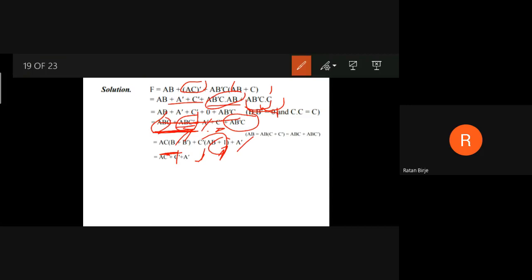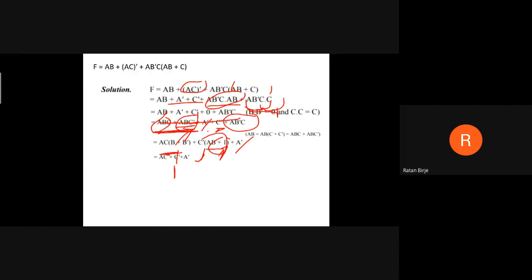If you recall the property, any variable ORed with 1 is 1. So this term goes to C bar and A bar is retained as it is. Then when you further simplify, third step. Yeah, 1 minute.